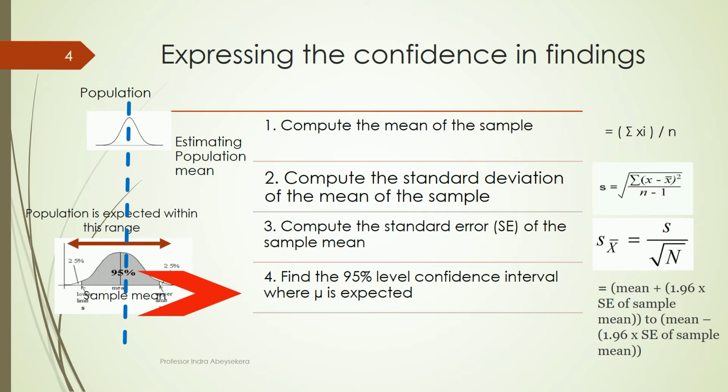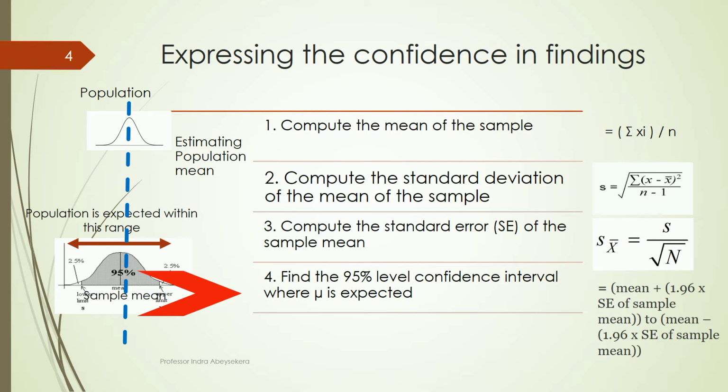If you don't know the population standard deviation, we look up the t-value tables, and for that, when the sample size is greater than 100, the 95% confidence interval is 1.96, and in this instance we are assuming the sample size is greater than 100.